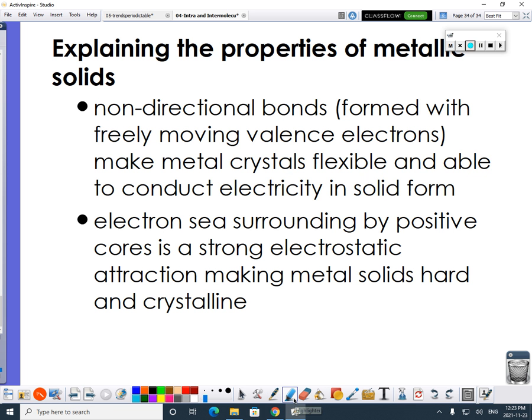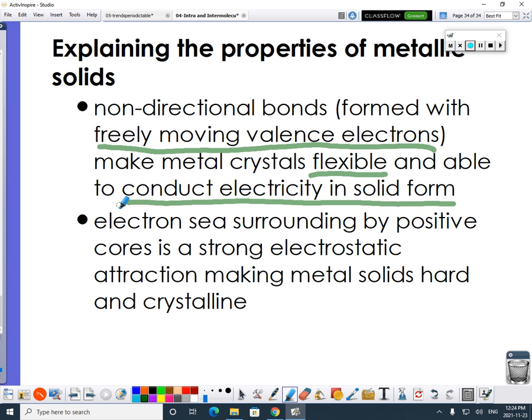So for these solids, the freely moving valence electrons mean that they are flexible, so they can be drawn into wires or hammered into sheets. You can do that instead of brittle where they're just going to shatter. And they conduct electricity in the solid form. There is still attraction with charge because it's still a little bit plus and minus. So they are hard and have a crystalline shape.